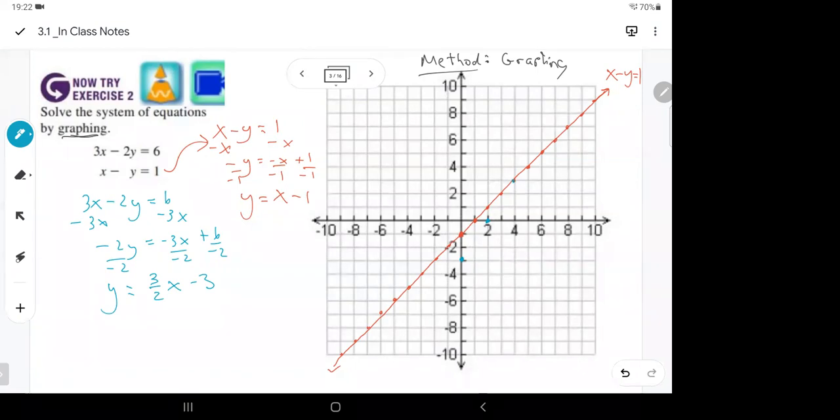Going the other way, down 3, to the left 2, down 3, to the left 2.